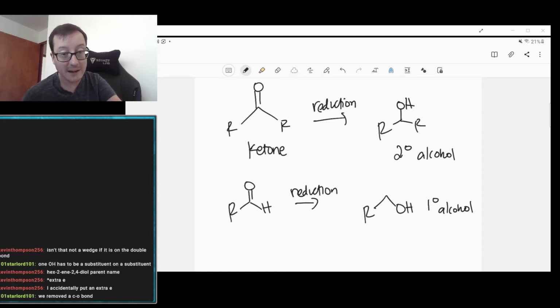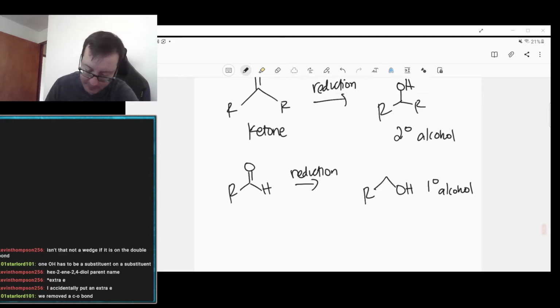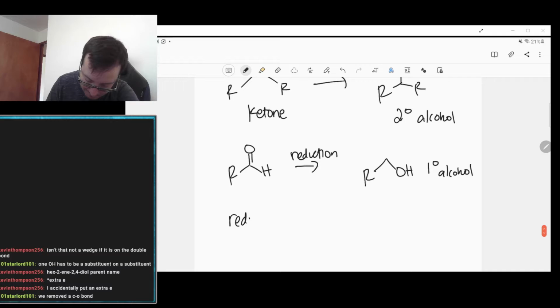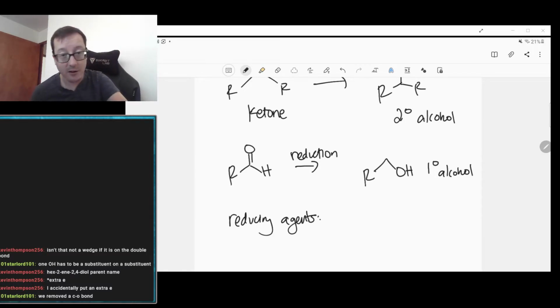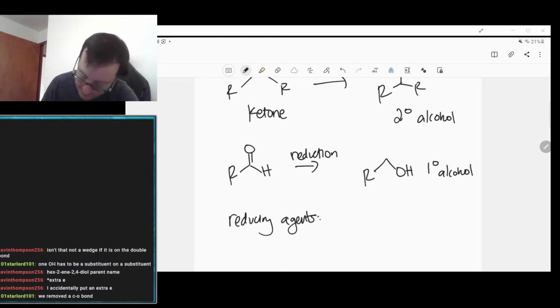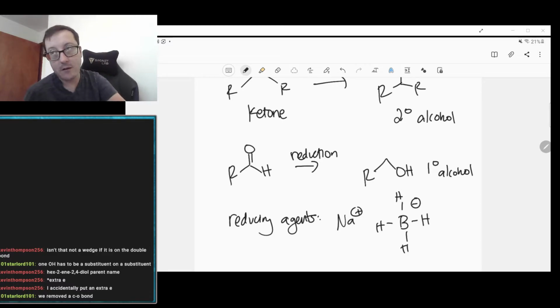Because we're adding a CH bond in each case. So let's look at some reducing agents. There are two very common ones. We're going to see that one of them will be sodium borohydride. This is one we saw before in our demercuration when we were adding alcohols to alkenes.